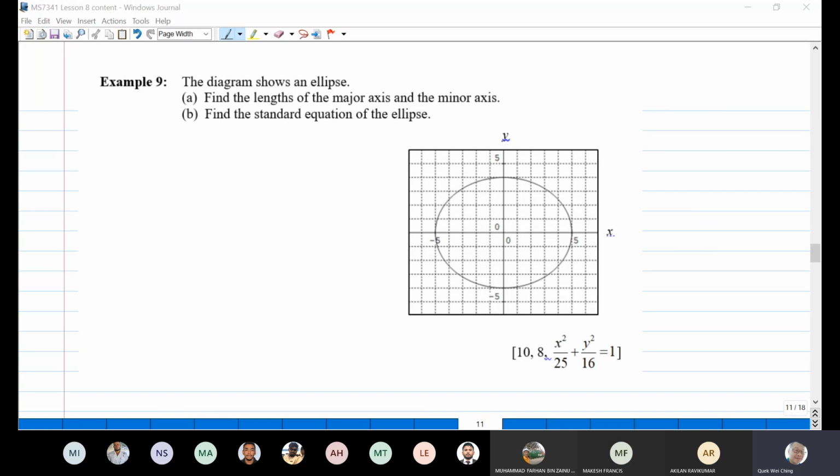Find the length of the major axis and the minor axis. When you look at this diagram, you find which one is longer. The horizontal one is longer, right?